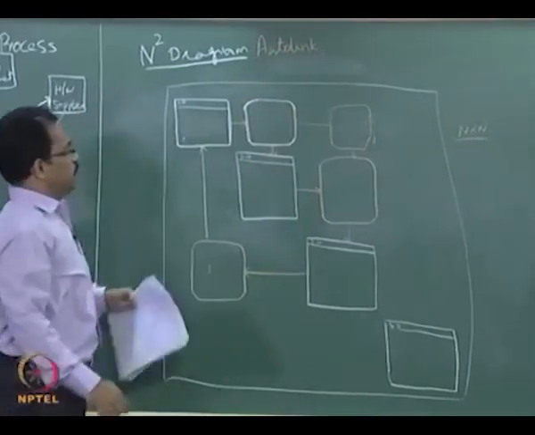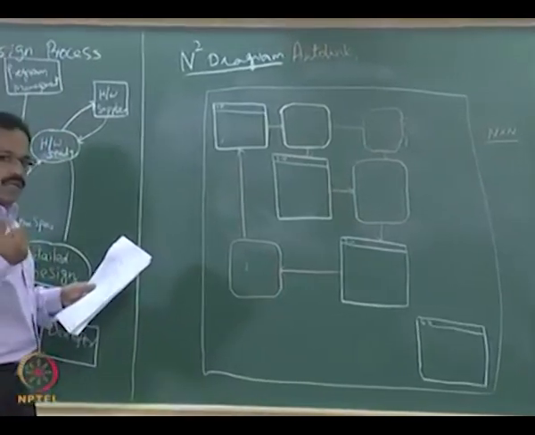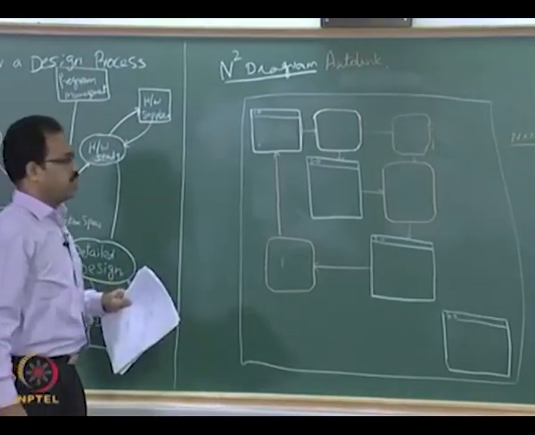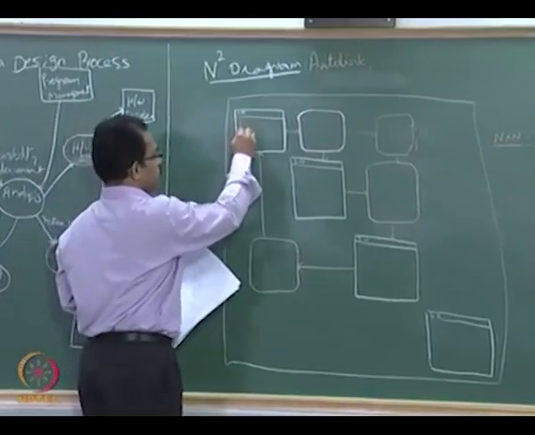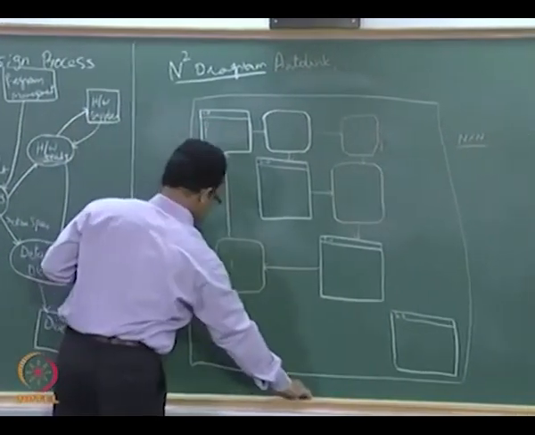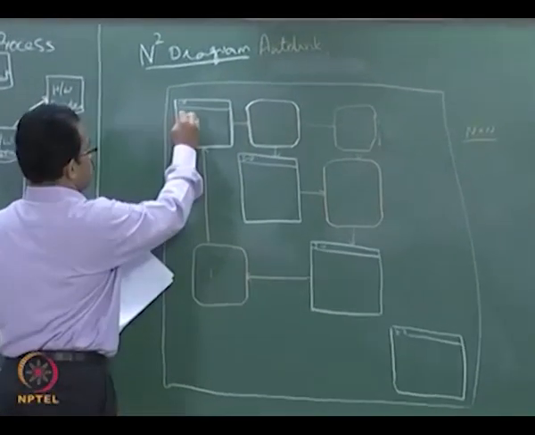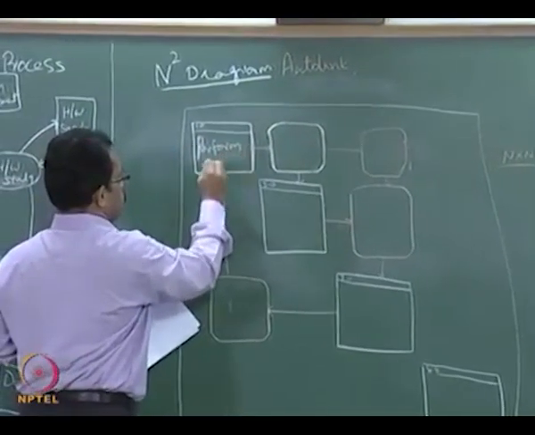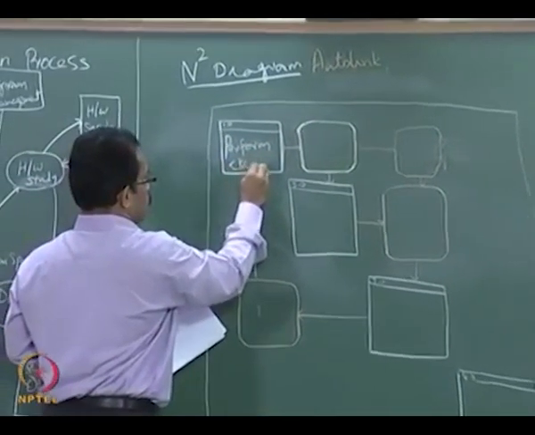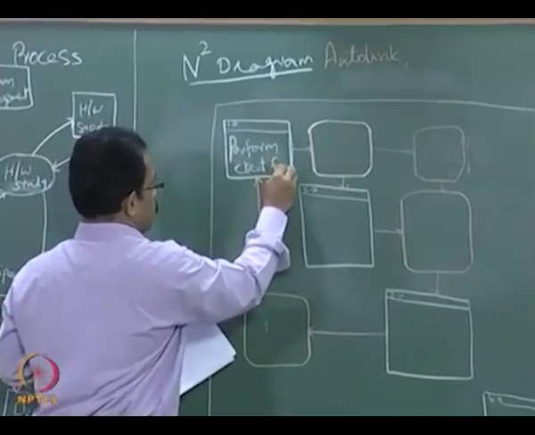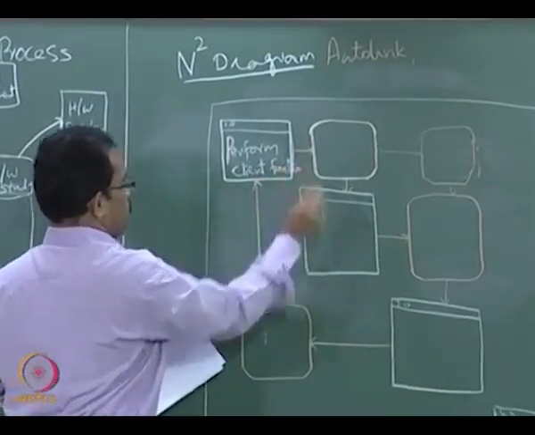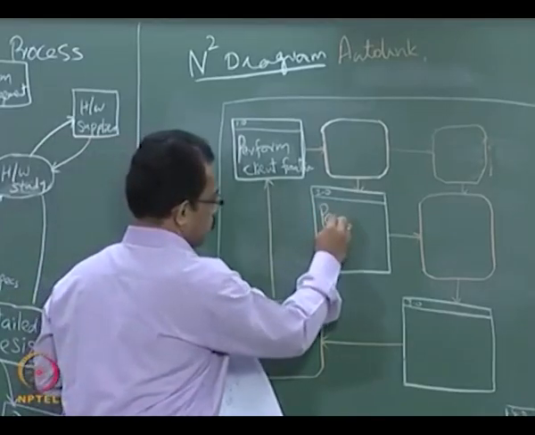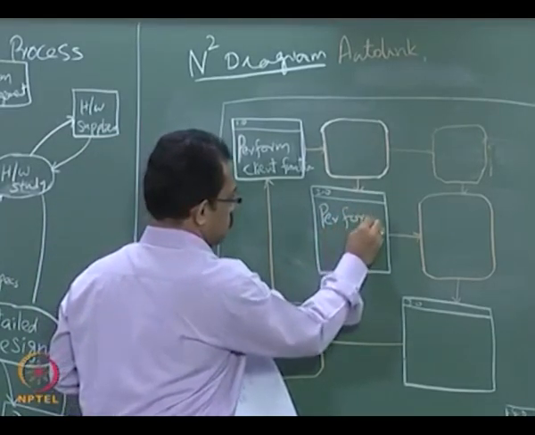In this auto link system, if you want to develop an N2 diagram or the functional decomposition, we will identify all the sub functions needed. So we will write down the sub functions here: perform client function, then perform auto link function. These are the sub functions.